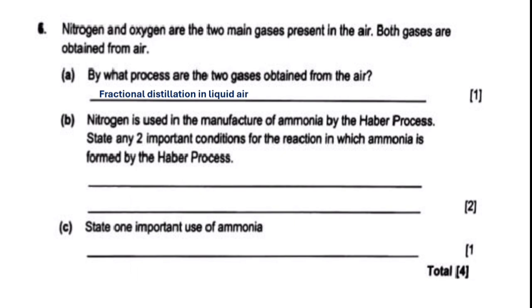State any two important conditions for the reaction in which ammonia is formed by the above process. There are three main conditions necessary for the formation of ammonia in the above process. The first condition is using iron as a catalyst.